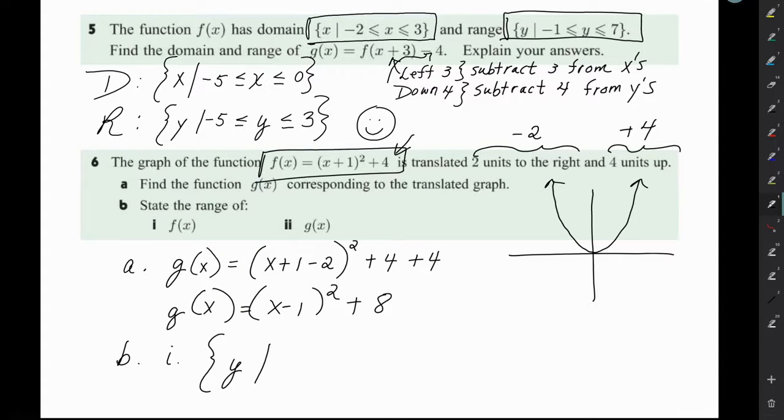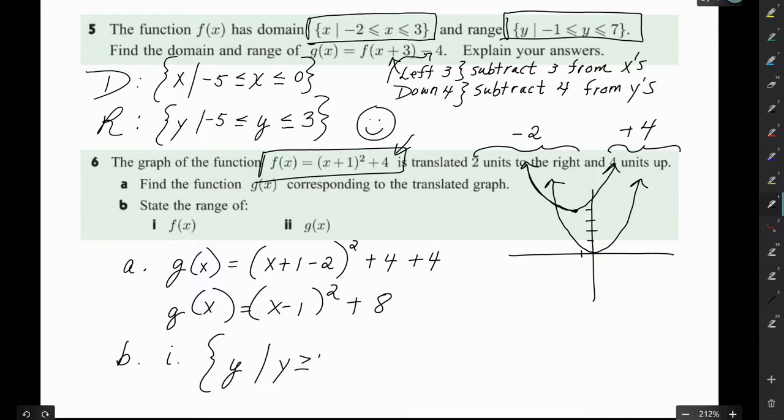And by looking at the way this is written, this parent function went left 1 and up 4. So it went left 1 and up 4, from 4 up. Okay, so let's write down that range of the original function.